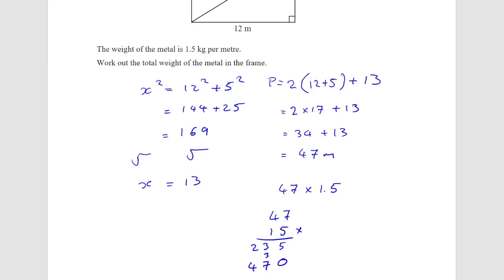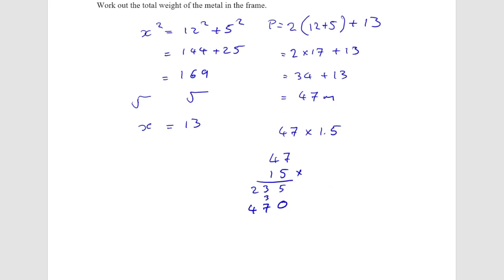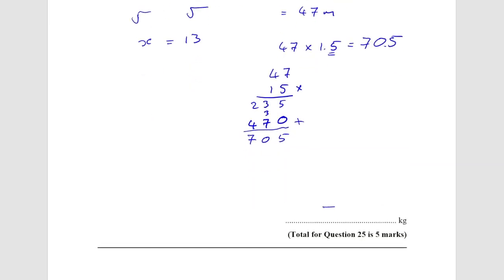So add those two numbers together. So 5, 0. So 2 plus 4 plus 1 is 7. So my digits will be 705. I've got one decimal to include, so 70.5 kilograms.